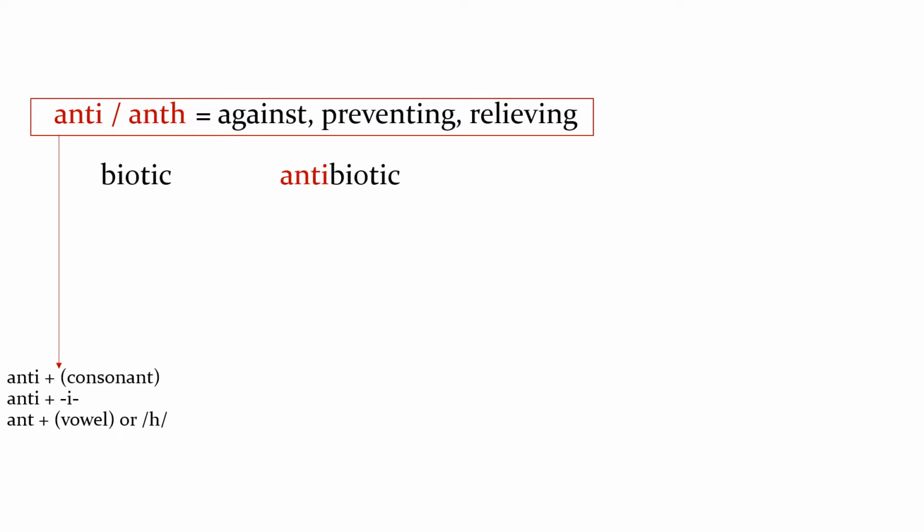So we have biotic, antibiotic. Now, I'm not going to go into what biotic means. This is something for a later lesson. If you're looking at the word antibiotic, even if you don't know what biotic means, and if you don't know that bio means living or living organism or life, you should at least know that the anti tells you it's a prefix and it's the opposite of what the root bio is.